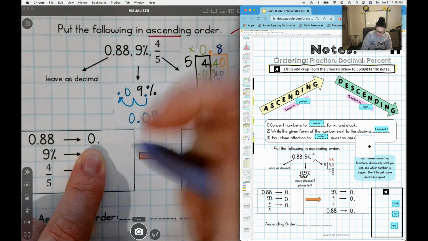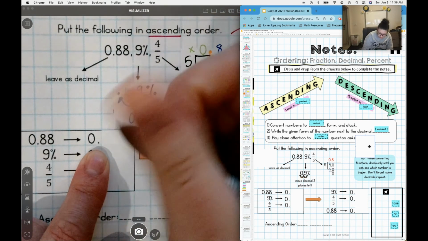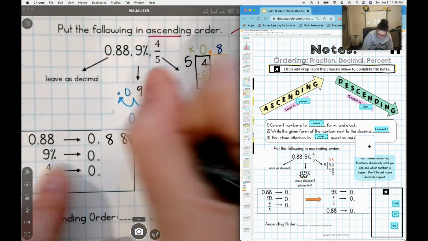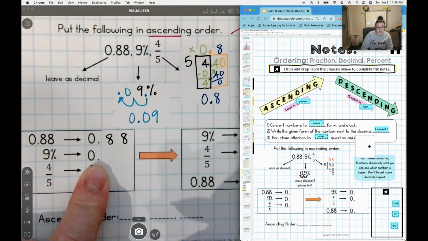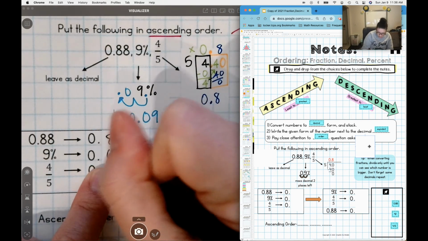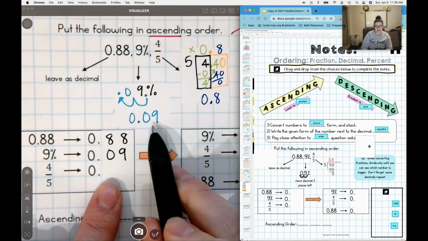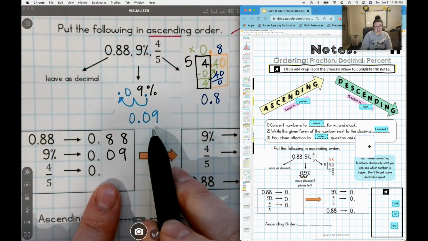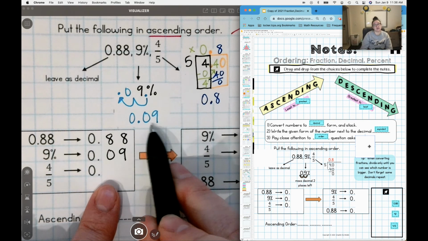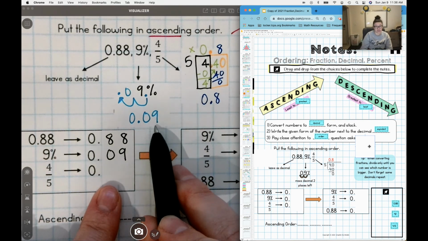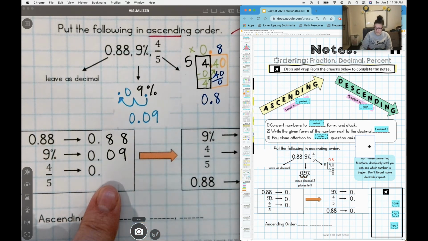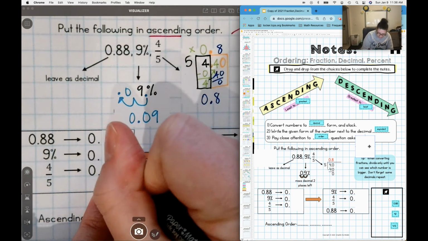0.88 is going to stay the same. 9% was 0.09. I'm sure some of us might make that mistake and just do 0.9, but it's 0.09. 9 hundredths, not 9 tenths. And then 4/5 was 0.8.